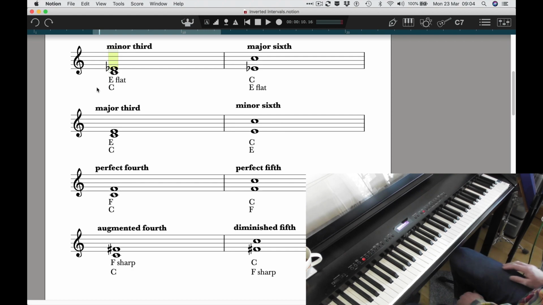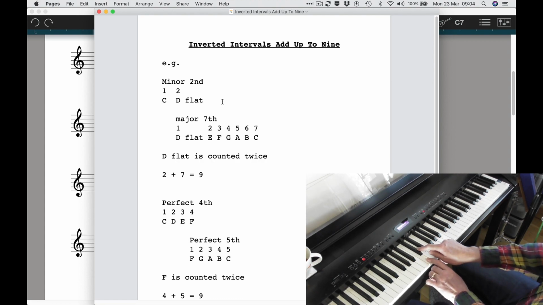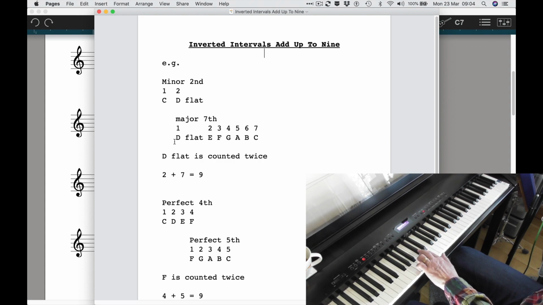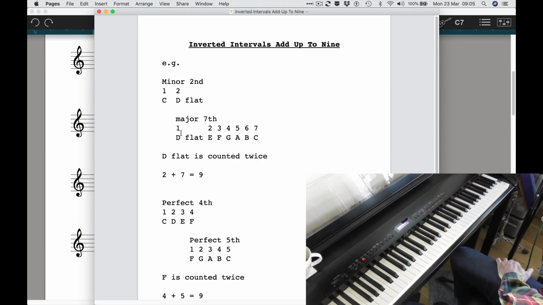And you might say, well, why is that? Look at that minor second interval, C to D flat, this one here. 1, 2. Now look at the major seventh interval, D flat up to C. So you've got D flat up to C, and that is 7 items, and 2 items here in this minor second. And notice the D flat is in this interval and in this one.